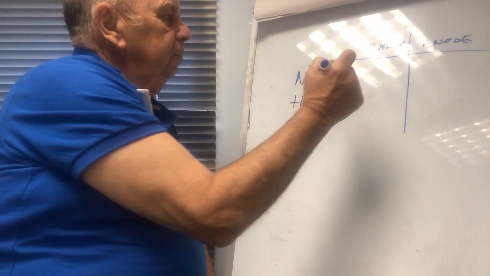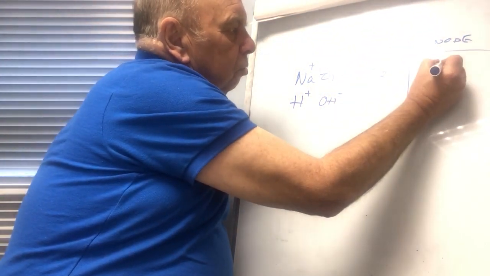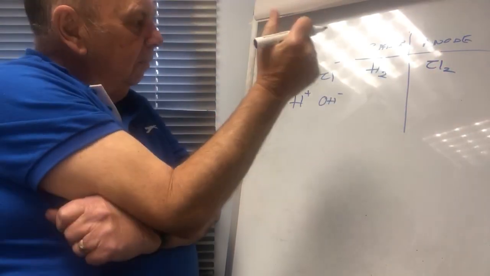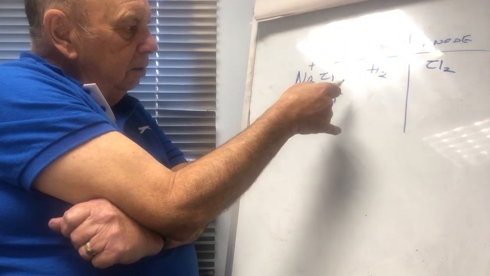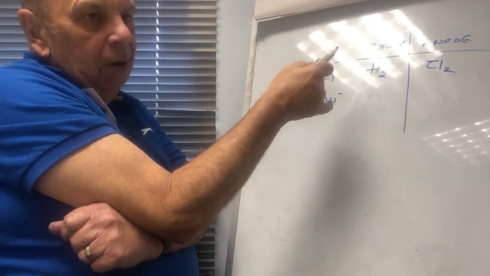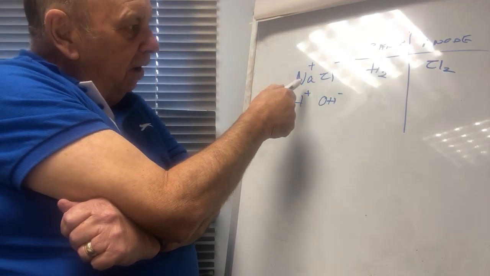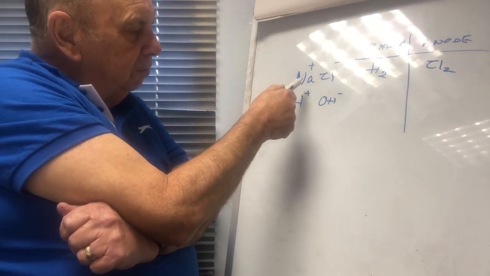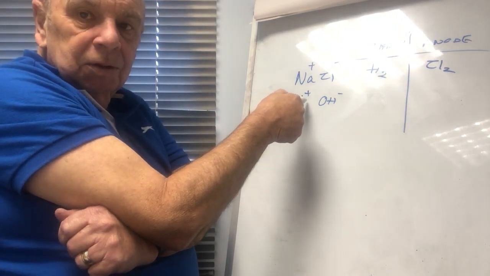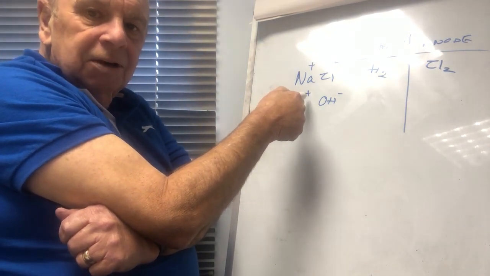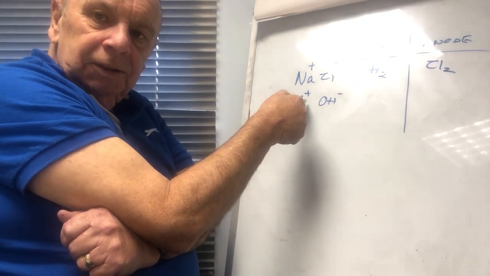I get hydrogen gas and chlorine gas. I don't get sodium and the oxygen, and this is why. Sodium is found above hydrogen in the electrochemical series, and therefore hydrogen is preferentially liberated.